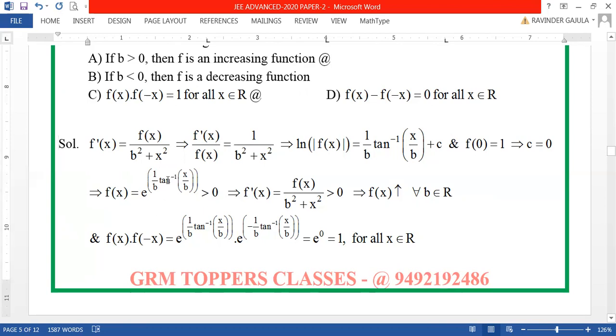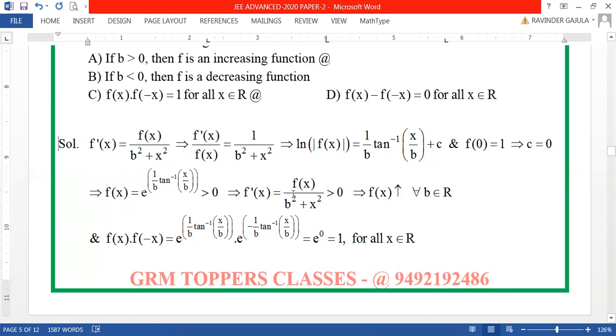Of course, plus or minus can be taken in the power. Then what is f dash x? f dash x is f of x by b square plus x square. Because f of x is e power plus or minus 1 by b tan inverse x by b, I have taken the positive value of f of x, which is greater than 0.